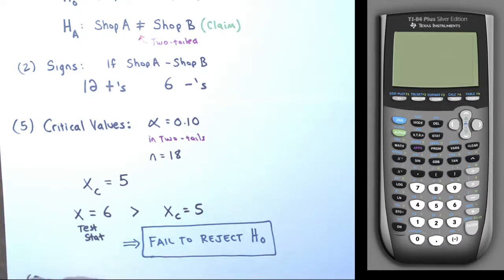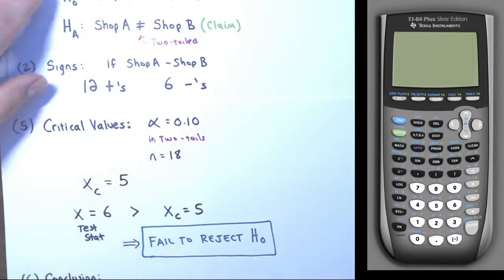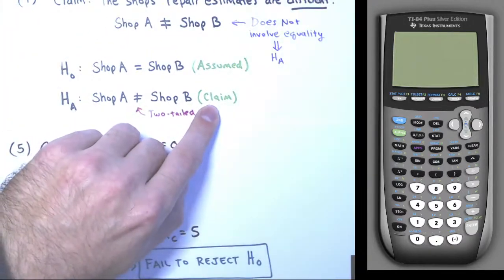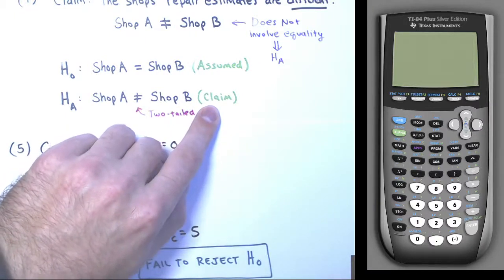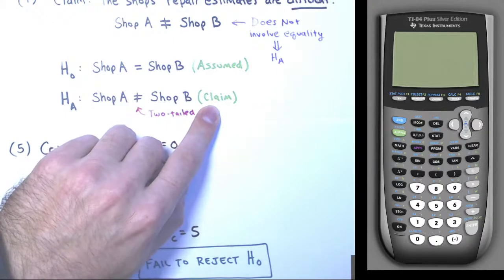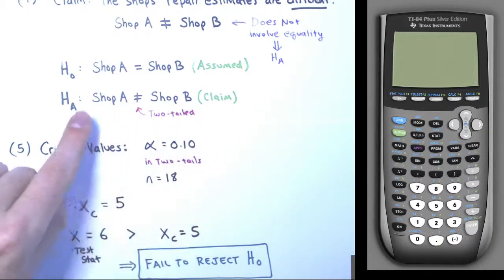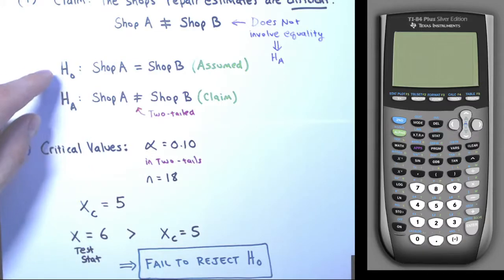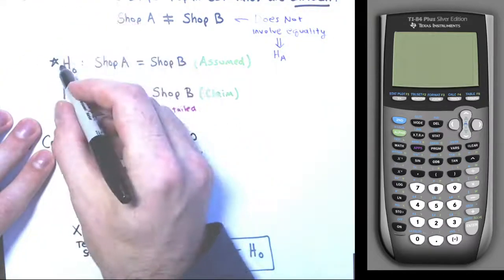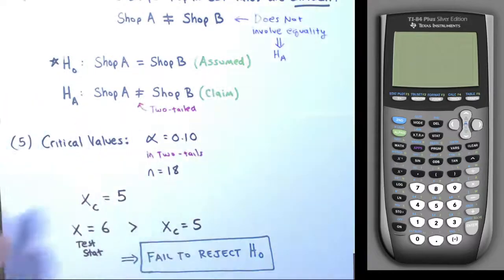When I state the conclusion, it was the same as the last one, where you see my claim. It all depends on where the claim is and whether or not we rejected or failed to reject the null hypothesis. The claim was in the alternate, and we didn't reject the null, right? So we kind of stuck with the null, meaning our evidence does not support the claim.